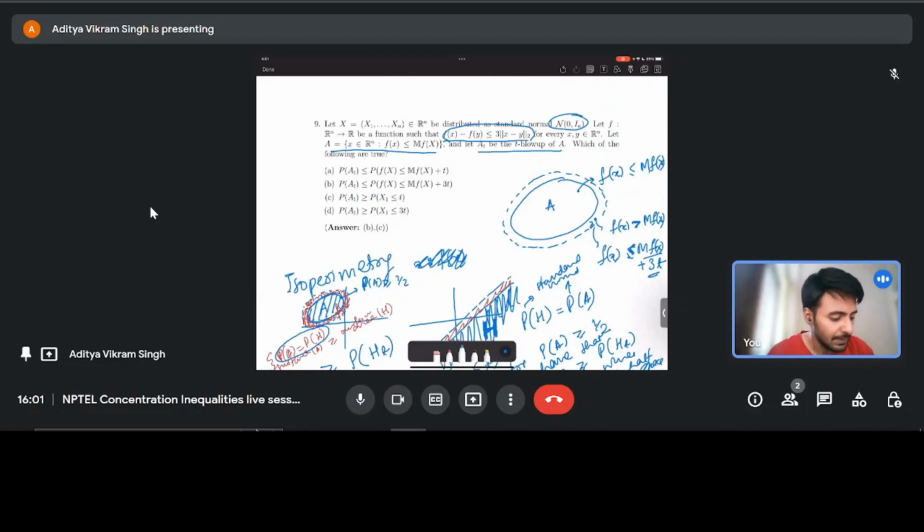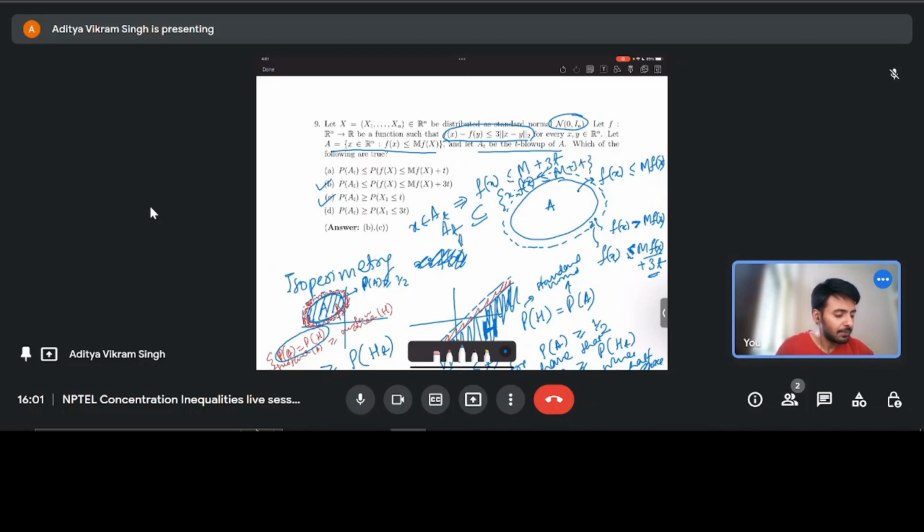So for instance, C is correct here. And we already know that if x is in AT, this implies that f of x is less than or equal to median plus 3t, and so B would also be correct. Which means that AT is a subset of all the x such that f of x is less than or equal to m plus 3t.